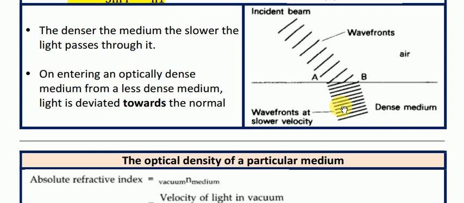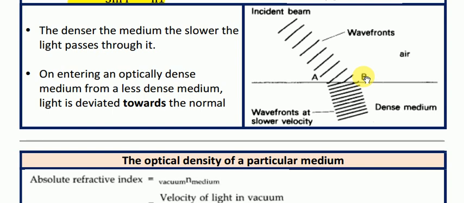When a beam of light strikes the interface separating a less dense medium from a denser one obliquely, the edge of the beam which arrives first, the A part of the beam, is retarded on entering the denser medium.